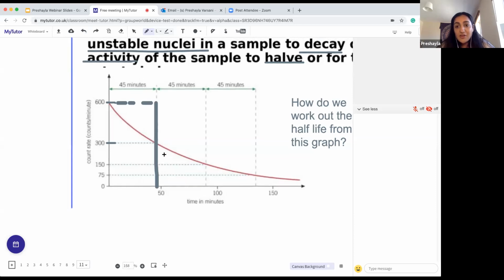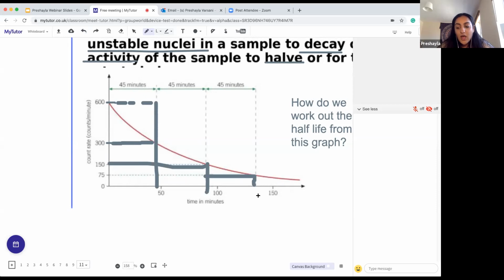And you didn't have to do it for 600 and 300. You could have done it for 300 and 150, and you can see that again, it's 45 minutes. Or you could have even done it for 150 and 75, and again, you see that it's 45 minutes.